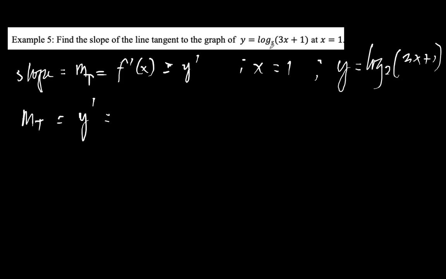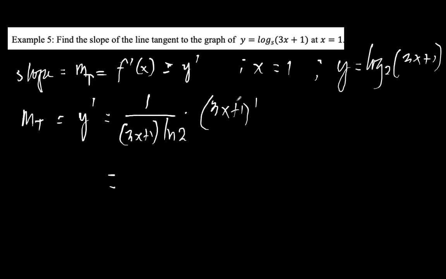So this becomes 1 over 3x plus 1 times the natural logarithm of 2, times the derivative of 3x plus 1. What's the derivative of this? That's 3 over 3x plus 1 times the natural logarithm of 2. So this is our m tangent, or the slope of the tangent line.